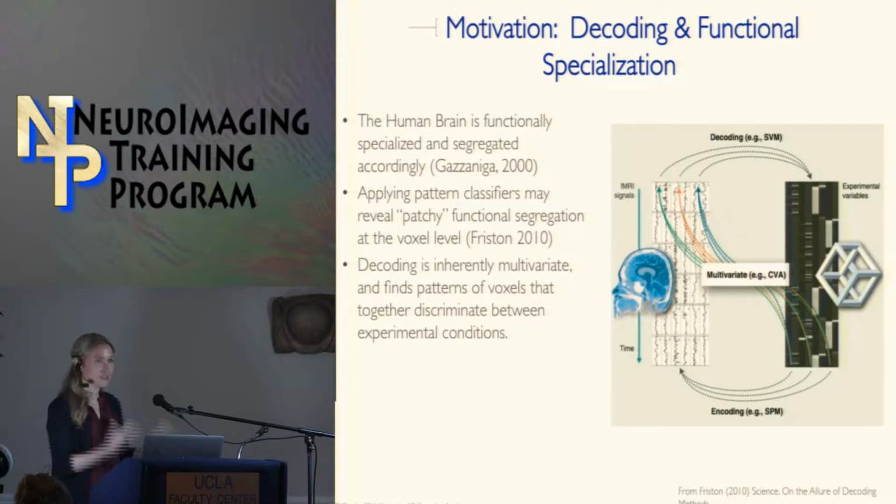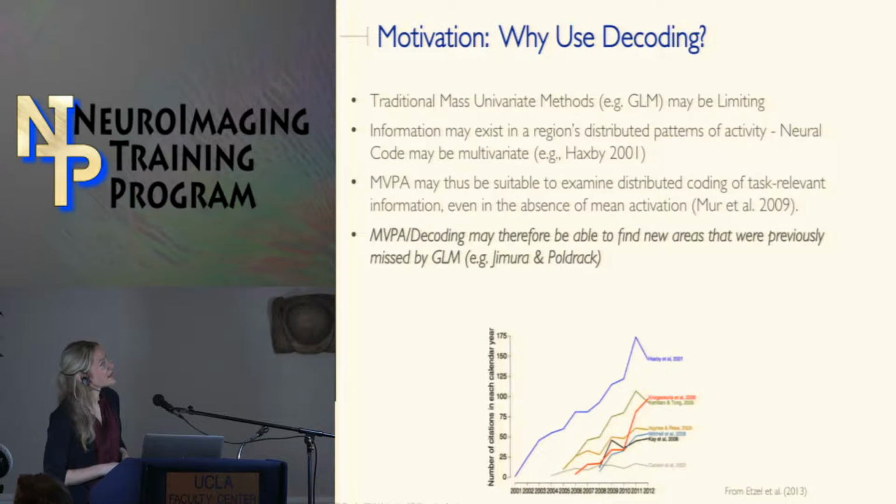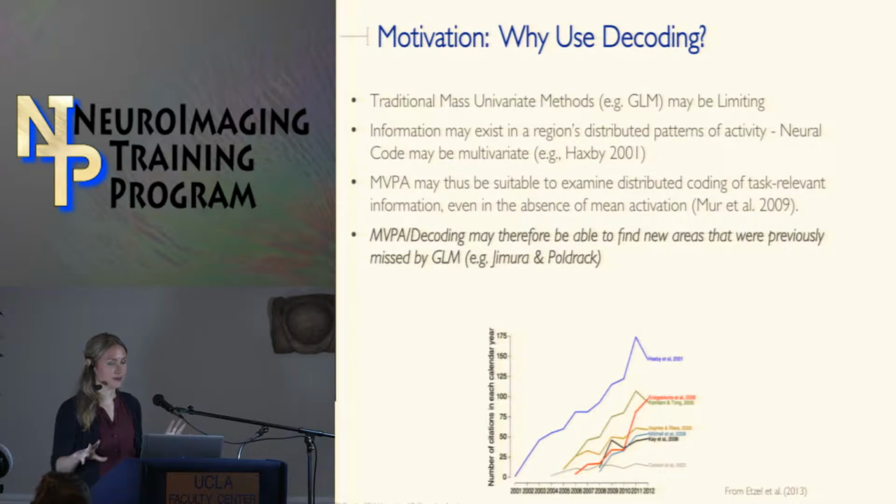Jesse's gone through this quite a bit, but I'll just mention it again. So again, why should we use decoding? The idea is that traditional mass univariate modeling might be limited, and that information might exist in distributed patterns. And MVPA and also just decoding methods may therefore be useful for examining this distributed coding.